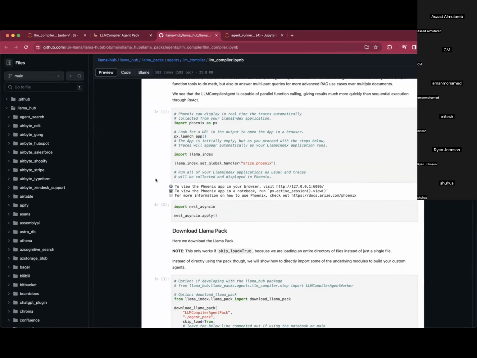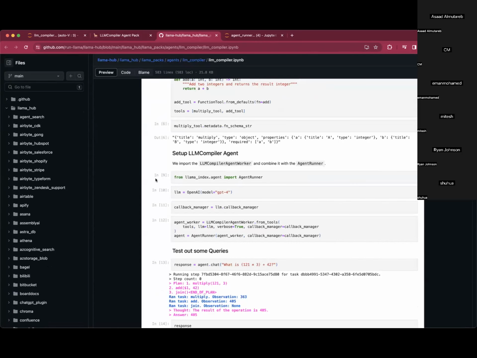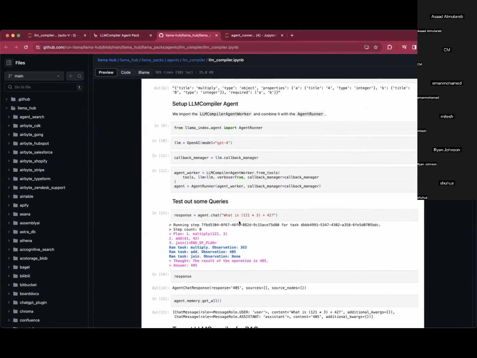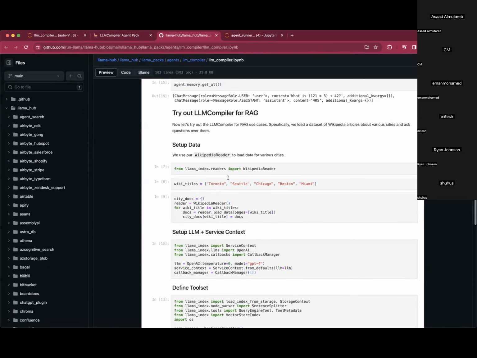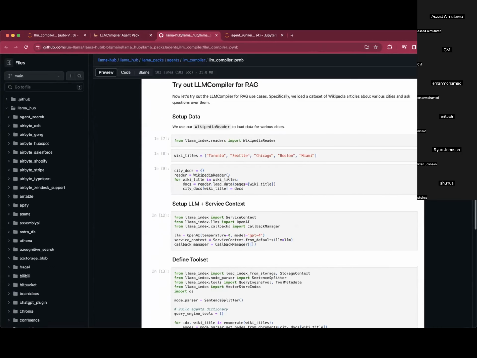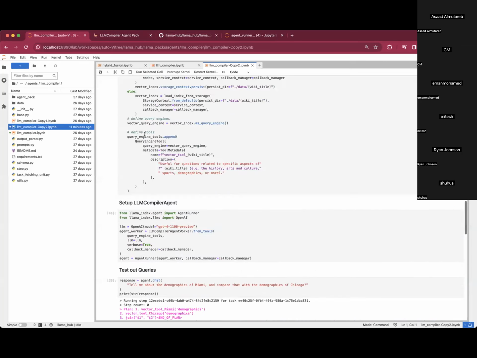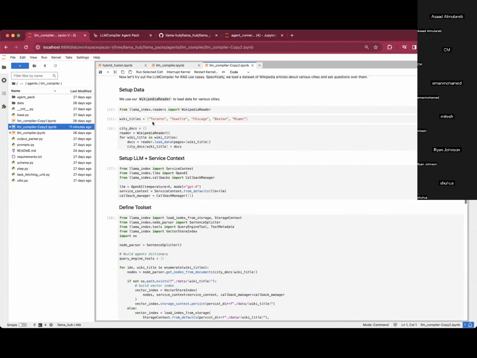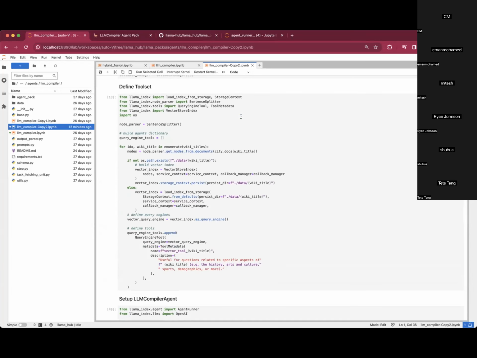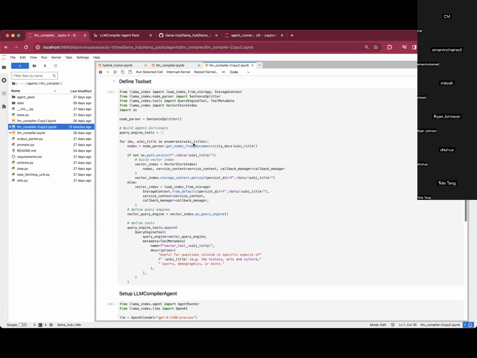What it shows is that you can use LLMCompiler not only over simple calculator functions, but also over a RAG pipeline, which is one of the core focus areas of LlamaIndex. I have a notebook example here: given a bunch of Wikipedia pages about different cities, this is a very toy dataset obviously, but given 5 cities, you can index the text for each of these cities.